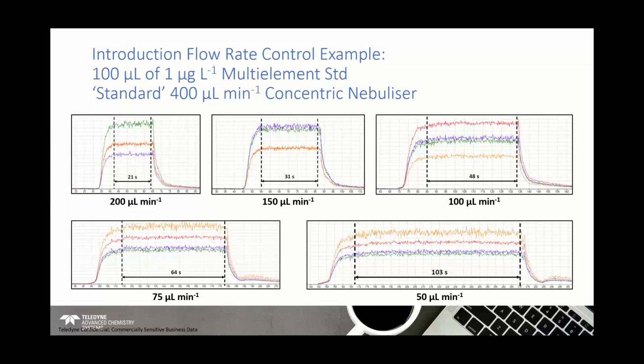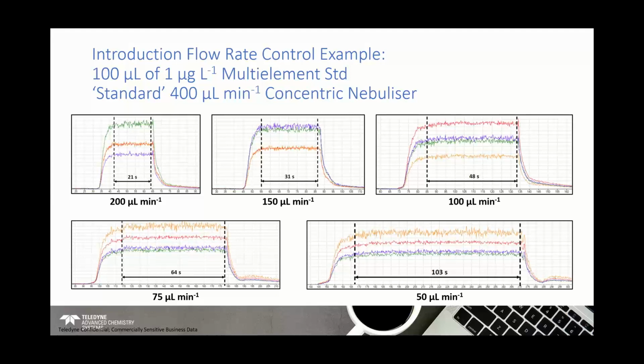I generated this data, taking 100 microliters of this multi-element standard and introducing it through what you might call a standard 400 microliter per minute concentric nebulizer. That's the typical nebulizer common to most laboratories, the off-the-shelf standard nebulizer provided with most ICP-based instrumentation. So nothing particularly special.